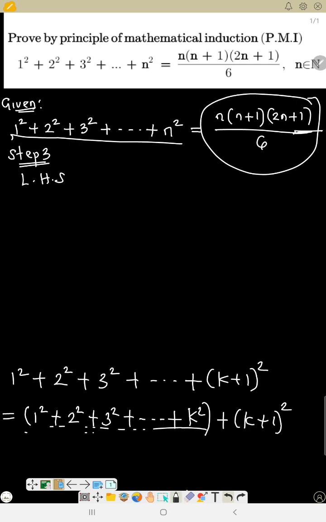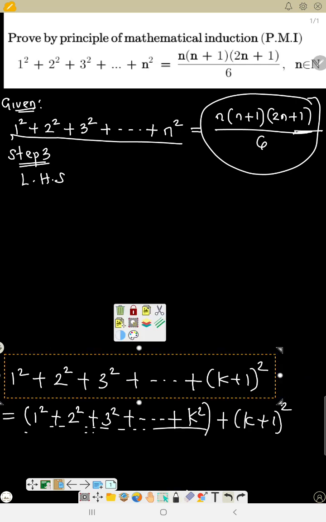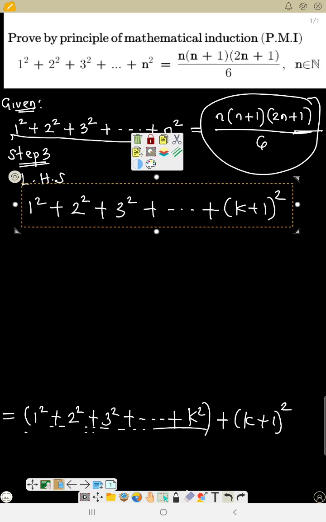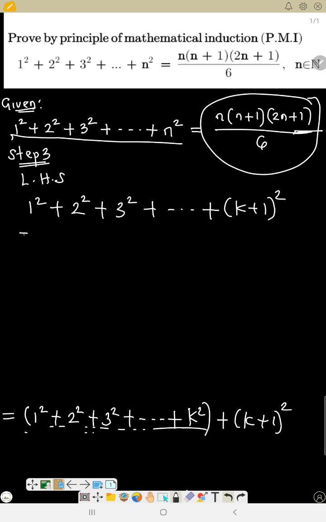So I have this equals to, and instead of writing everything in this bracket, I will now write this expression.